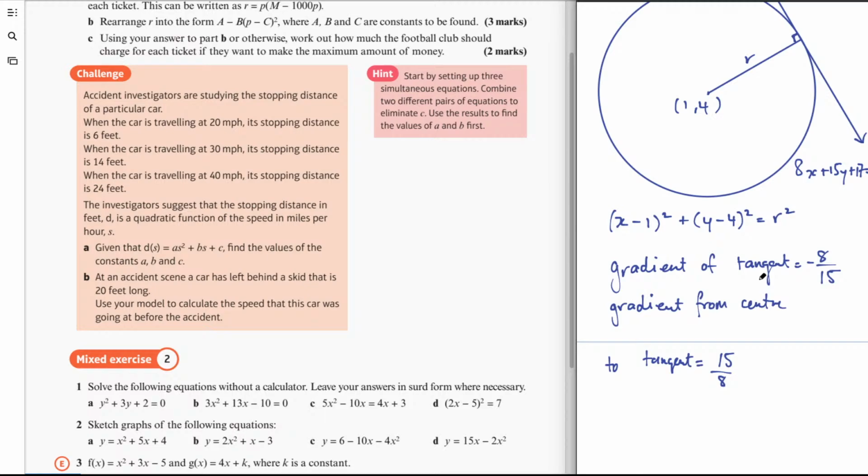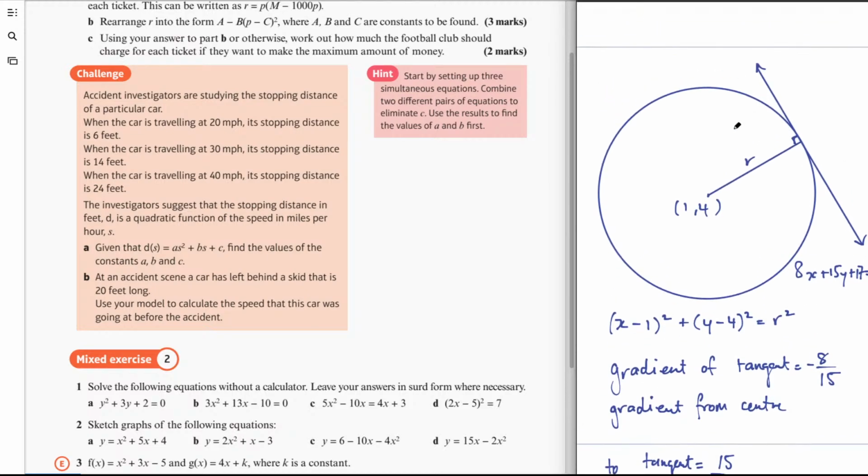So we have to find the radius. Oh, hold up. Is there something to do with this?